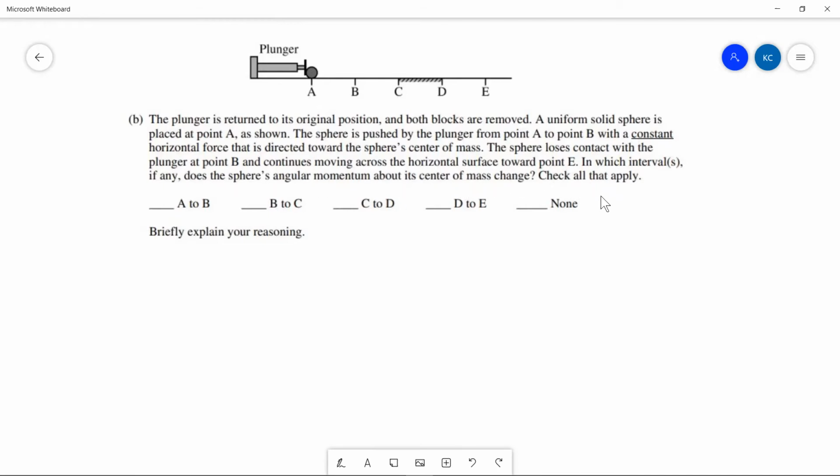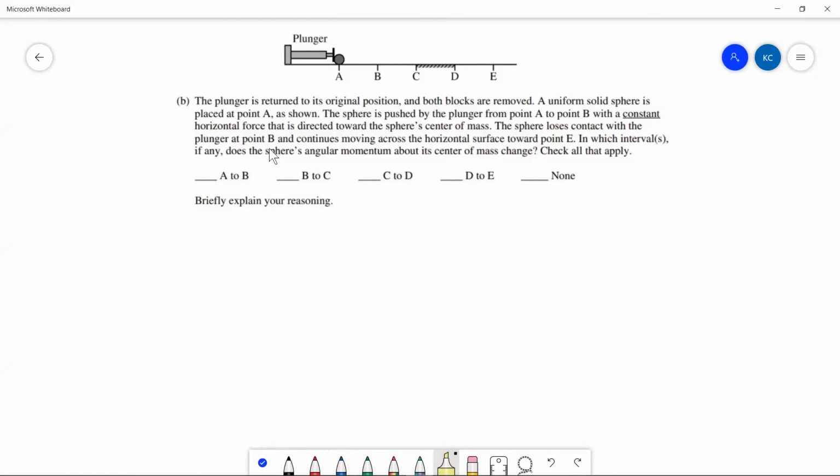Check all that apply. So the question asks, when does the sphere's angular momentum about its center of mass change? So we want to find whenever angular momentum changes. And that only occurs when there's an external torque, which is equal to inertia times angular acceleration, or it's also equal to RF sine theta.